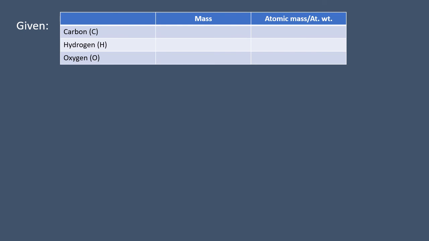Just like saying 40% of mass of carbon in 100 gram of that unknown compound is 40 gram of carbon, and 6.71% of mass of hydrogen in 100 gram of that unknown compound is equivalent to 6.71 gram of hydrogen, and 53.29% of mass of oxygen in 100 gram of that unknown compound is equivalent to 53.29 gram of oxygen.